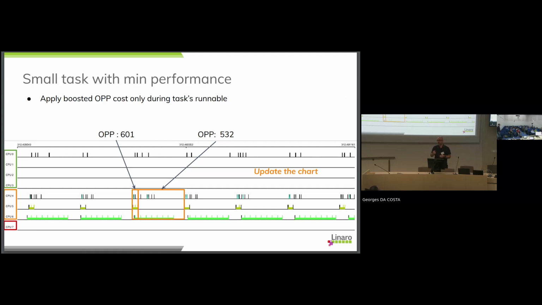When we are computing the utilization, we keep these two values: once I am runnable, I will impact the whole performance domain to this OPP, and you can compute that quite easily. But then we will go back to the previous OPP. And usually, most of the time in such situations, the OPP is the same as before, which means the computation is even easier, in the sense that we just have to compute the impact while the task is runnable, because the OPP will remain the same otherwise. That's my point.